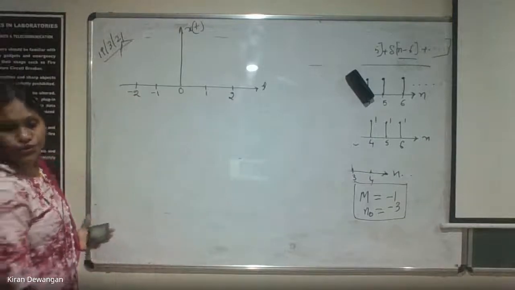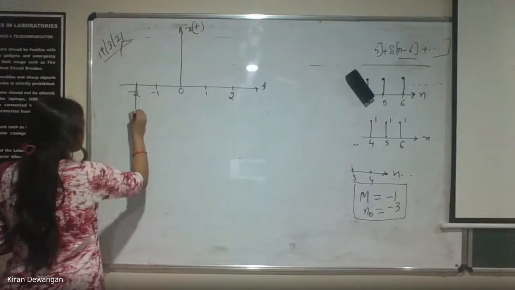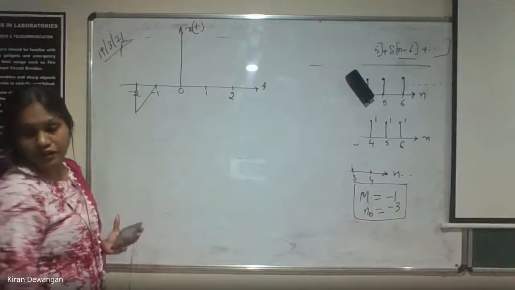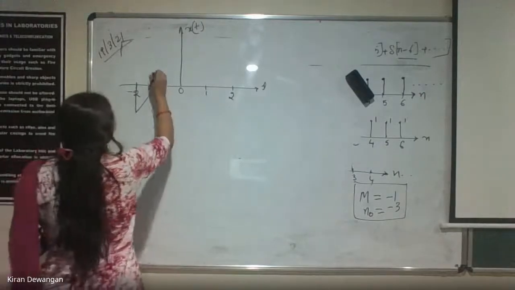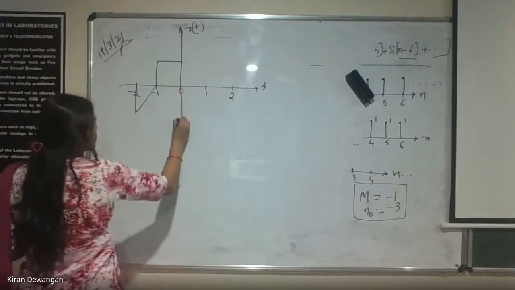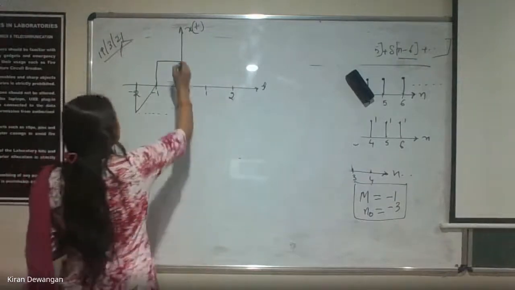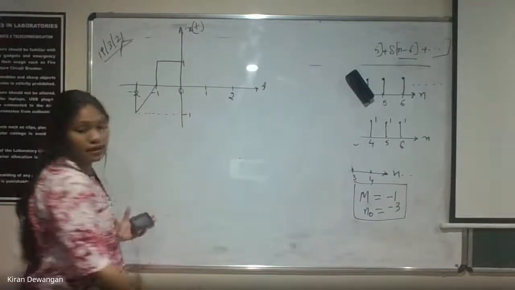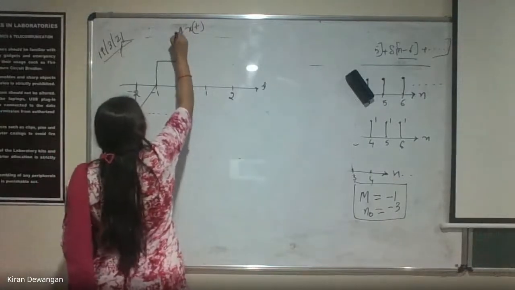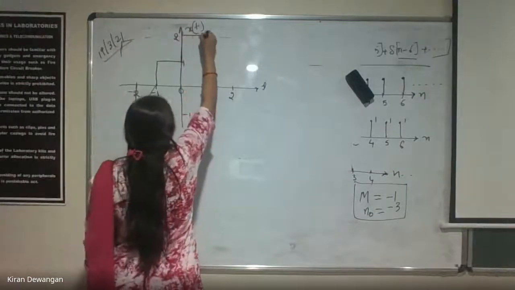At minus 2, it is going downside and it is coming to minus 1. At this point, it's going to 1. This value is minus 1. This value is 1. And then it's rising to 2. This value is 2. And it's constantly 2 till 1.